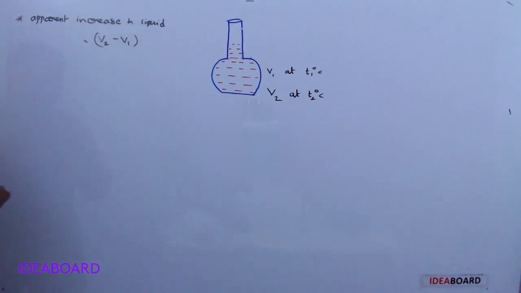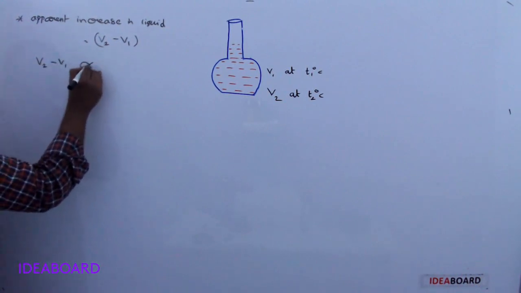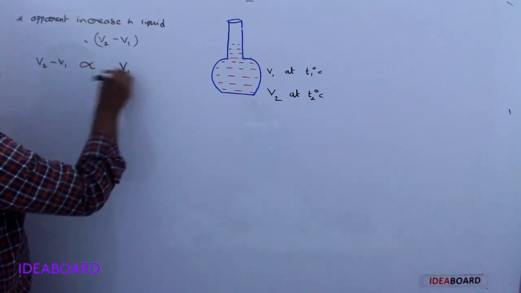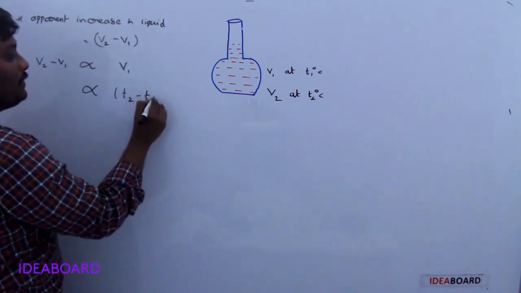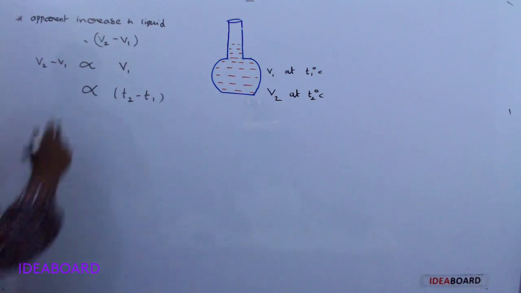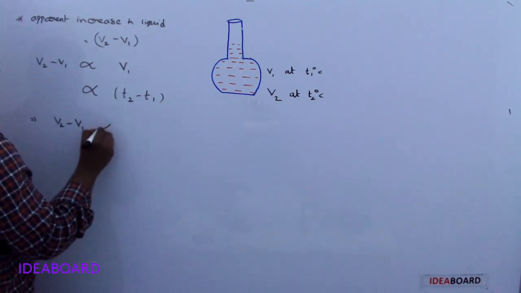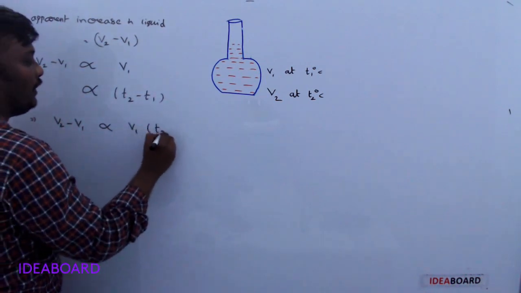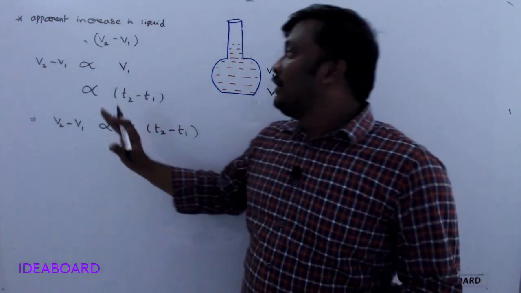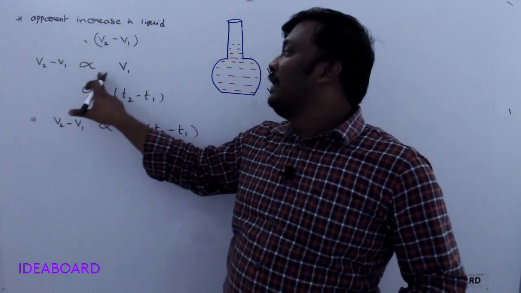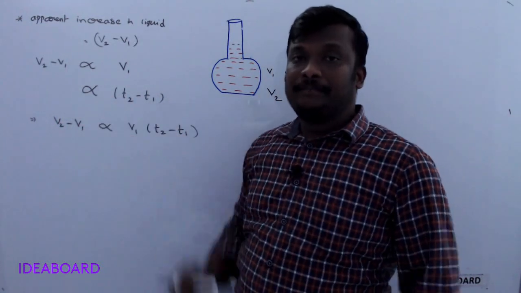In solids we learned the increase in volume is directly proportional to the initial volume and also directly proportional to the rise in temperature. If you combine these two, we get V2 minus V1 is proportional to V1 into T2 minus T1. Like solids, here also the increase in volume is directly proportional to the original volume of liquid and the rise in temperature.